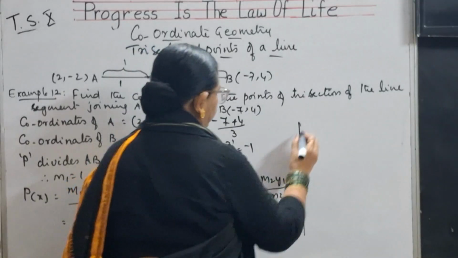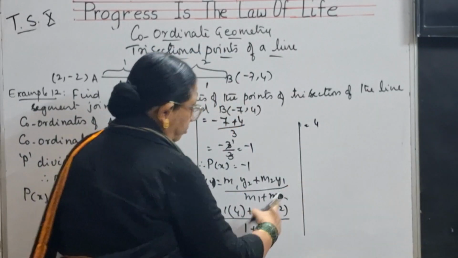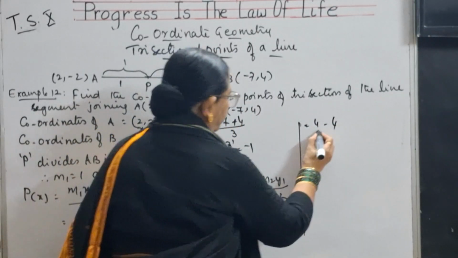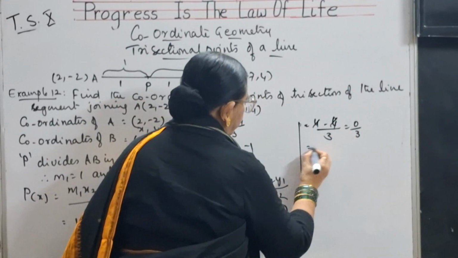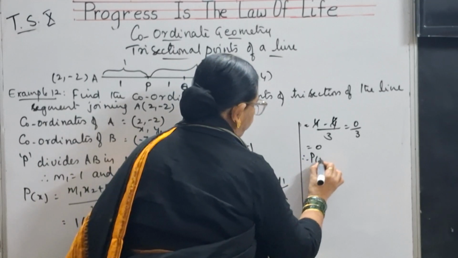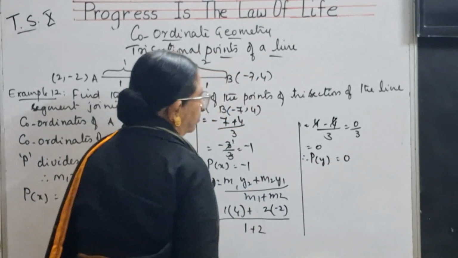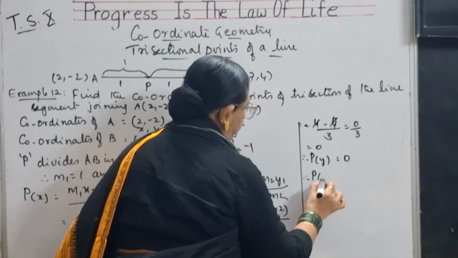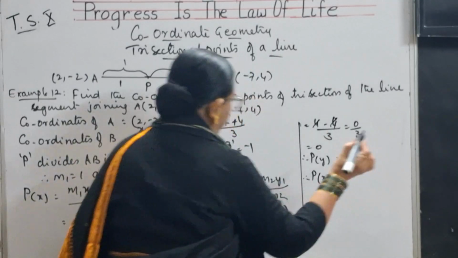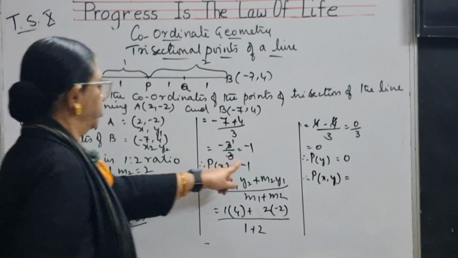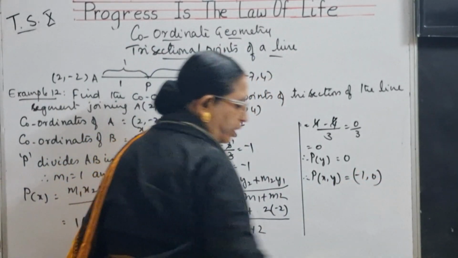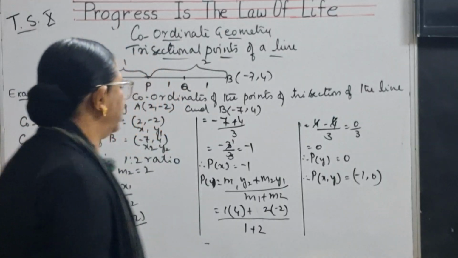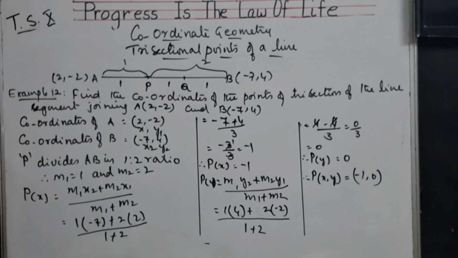You are getting 4 ones are 4 plus 2 into -2 is -4 by 3. These two will get cancelled. 0 by 3, that is equal to 0. So P of y is equal to 0. Therefore, P of x comma y is equal to (-1, 0). So these are the coordinates of P, children. We have done it by using this formula. I need to now find out the coordinates of Q.